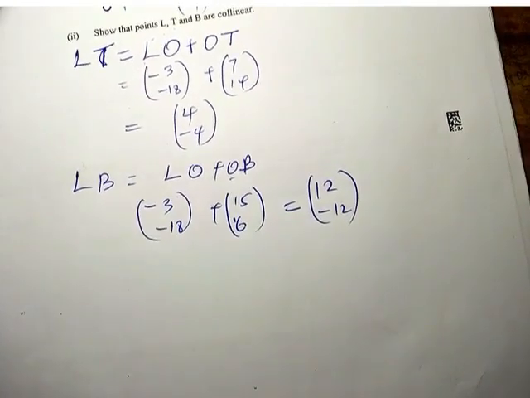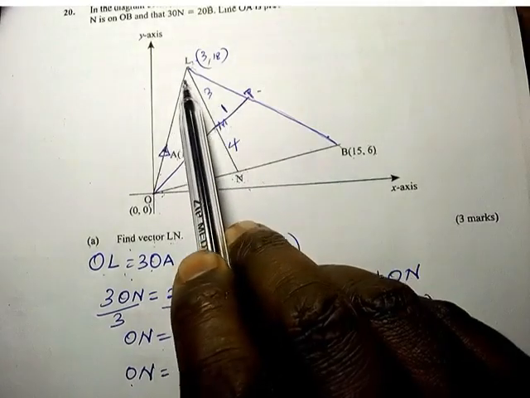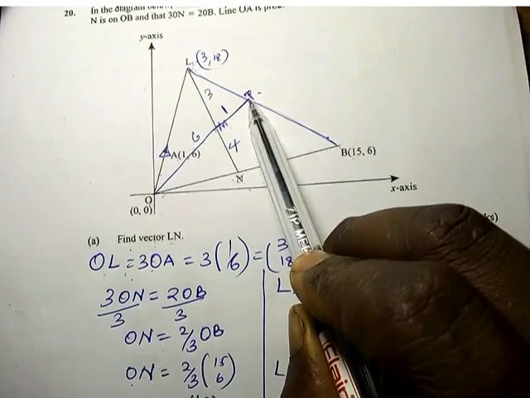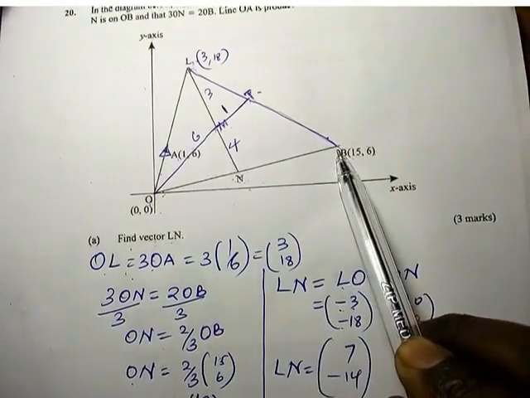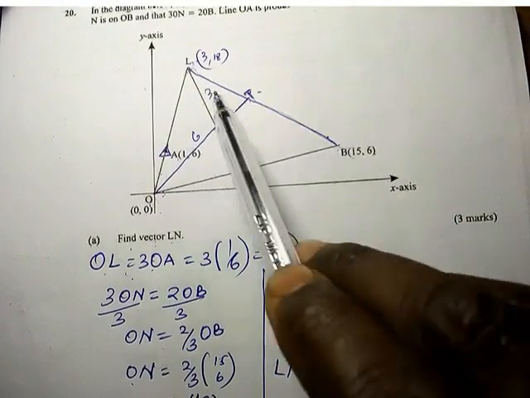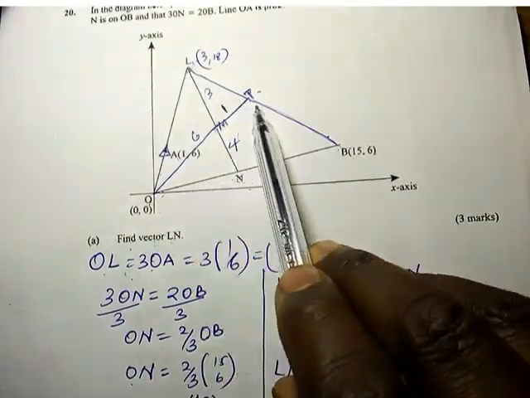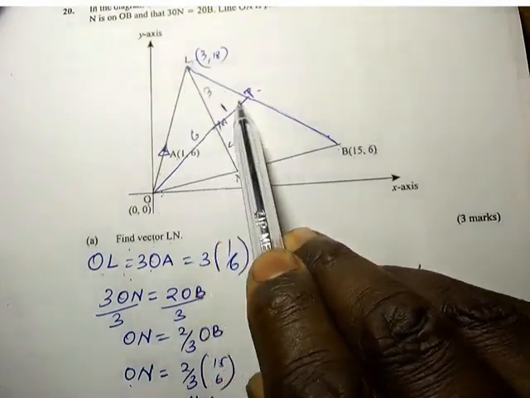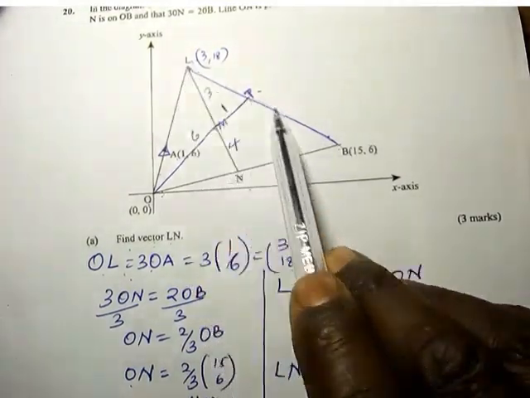So what I have done, I have looked for the vector LT and then LB. Fine. So we want to see the relationship. How many times is LT going into LB, the longer one?